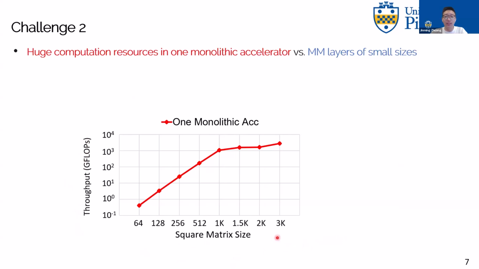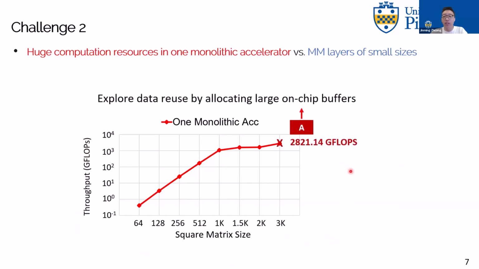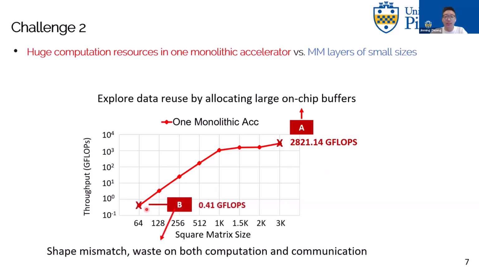When the size is large, for example, here 3K by 3K by 3K, as shown in point A, by hugely exploring the on-chip buffer reuse, we achieve 2.8 teraflops per second throughput. However, at point B, where the matrix size is 64 by 64 by 64, because of the shape mismatch between the huge computation resources and the small matrix size, it only gets 0.4 gigaflops throughput.